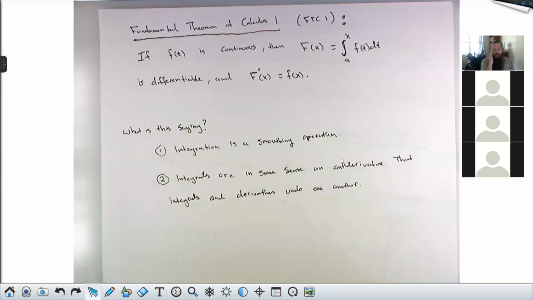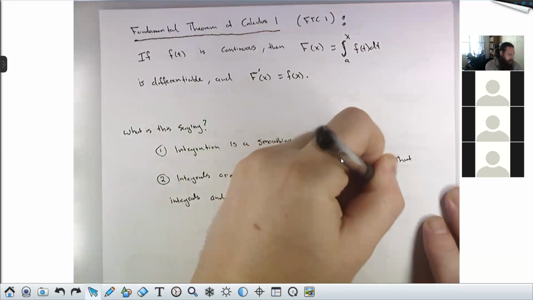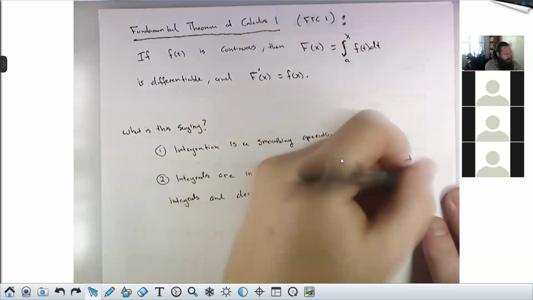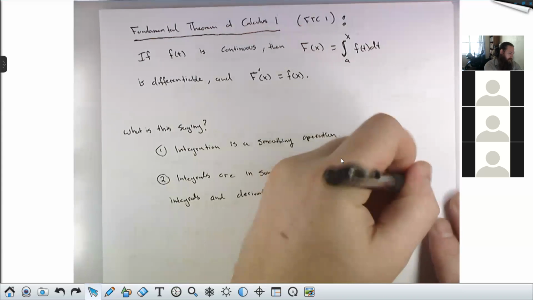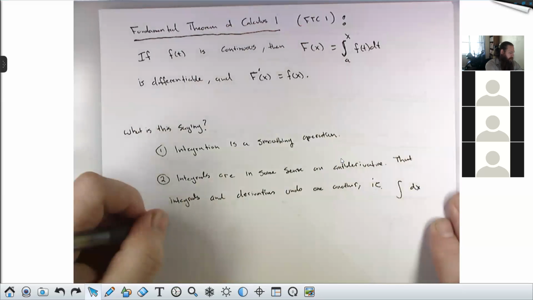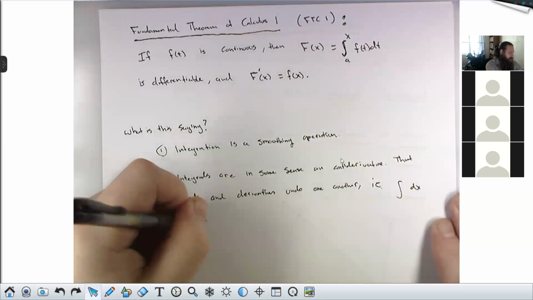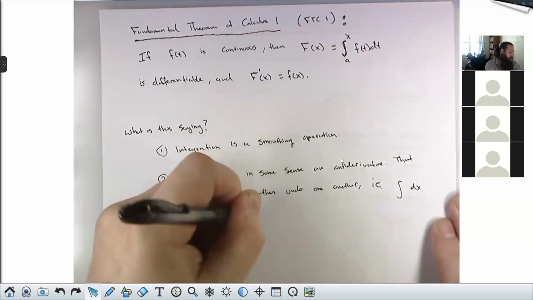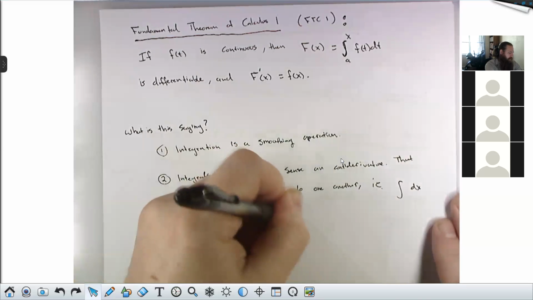If you integrate a function and then differentiate it, you get the original function back. Or if you start with a differentiable function, differentiate it and then integrate it, you get the original function back. Integrals and derivatives undo one another, or they are inverse operations. So I'll throw in an IE: the integral dx and d/dx are inverse operations.